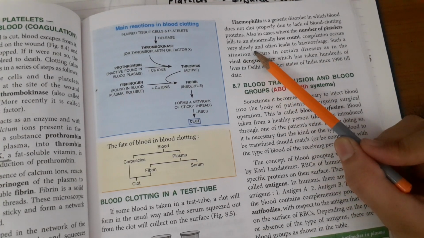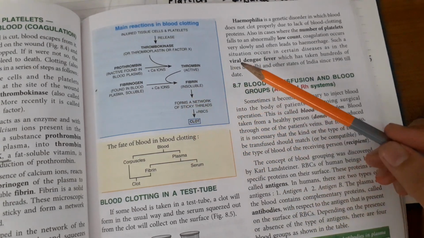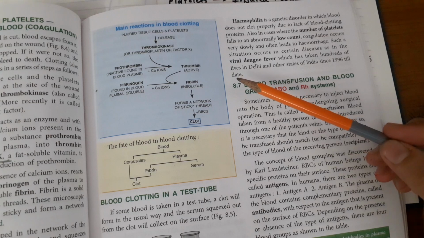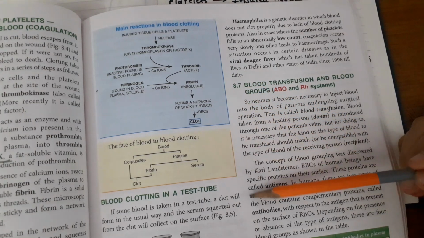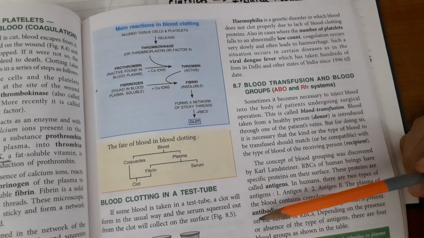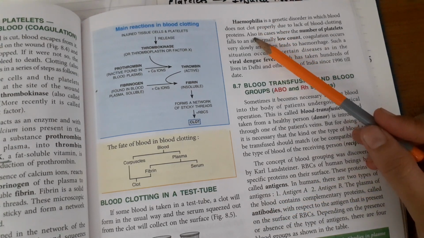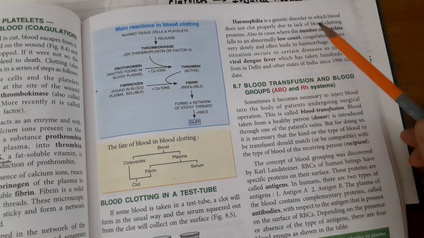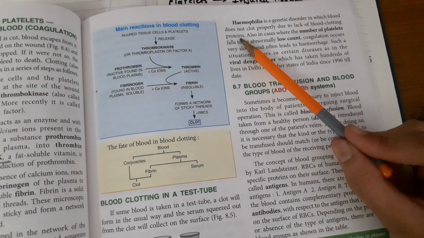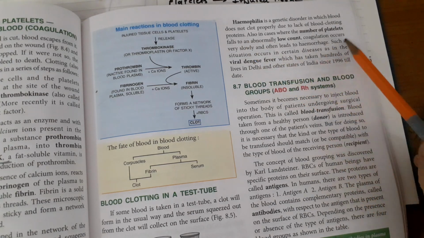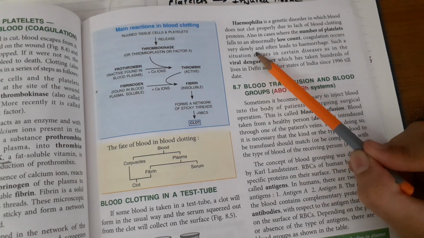Normally, the total process of blood clotting takes only 3 to 6 minutes. It can take longer if the body has a deficiency of vitamin K or Ca2+ ions. But a hemophilic person, because they lack the protein which helps blood clotting, has this coagulation process go very slowly.